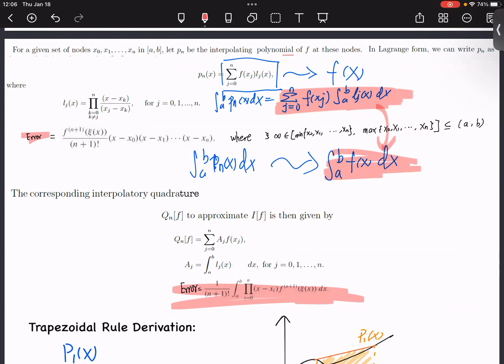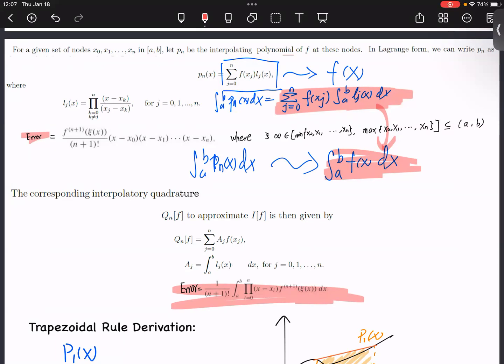The error for the interpolation is f^(n+1)(c(x)) divided by (n+1)factorial, times the big product from 0 to n of (x minus x_j).